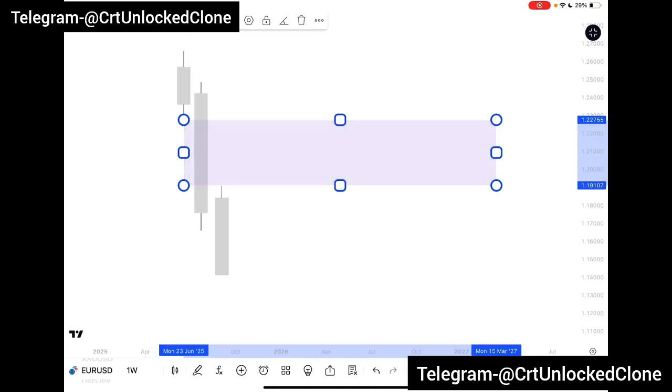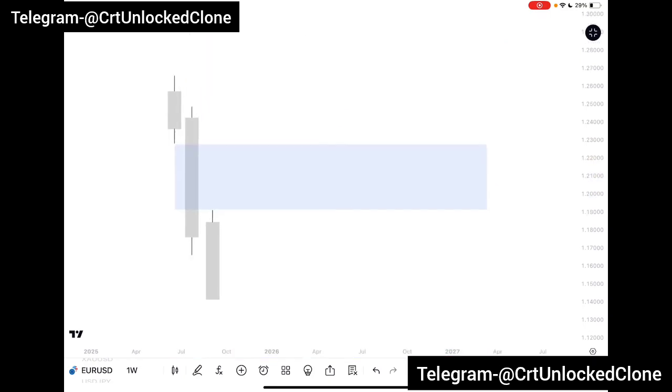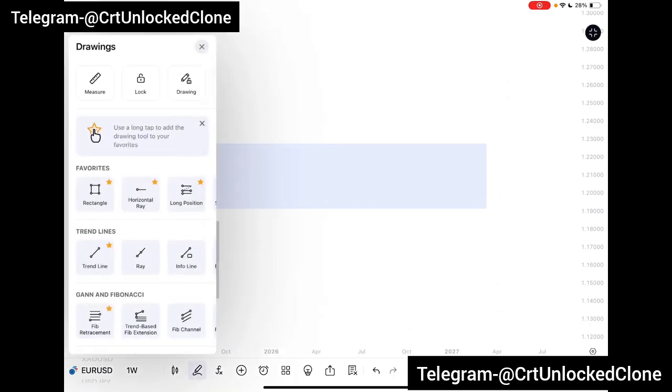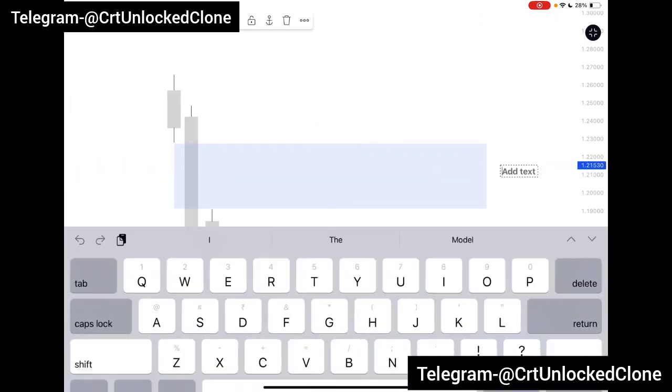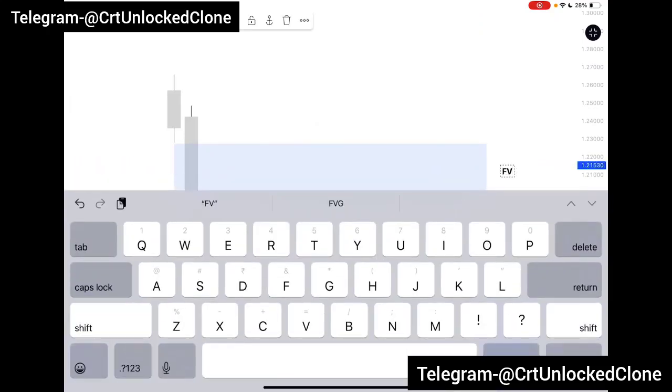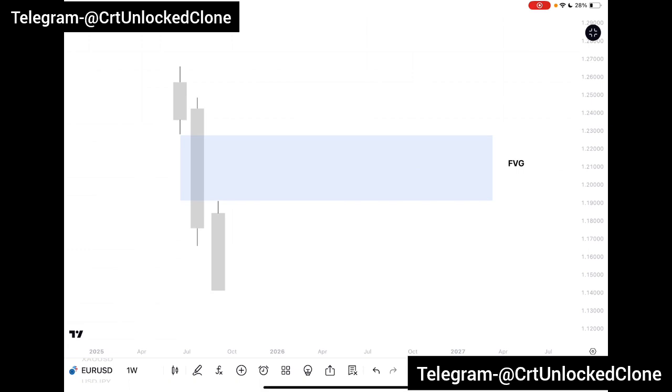So now this is our key level FVG, and let me write it so that it will be so clean for you guys. This is our clean key level FVG. So now we've got our clean key level FVG.